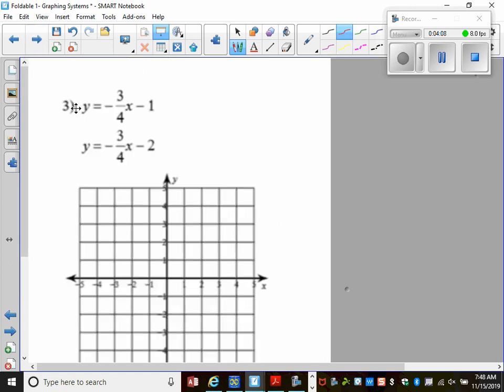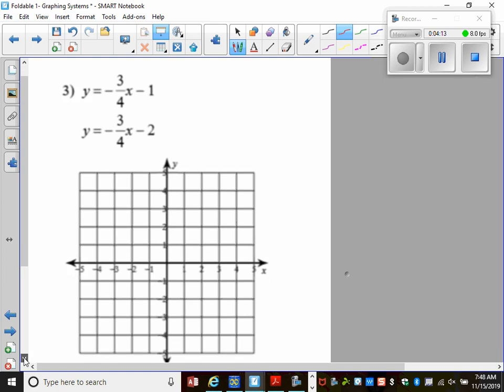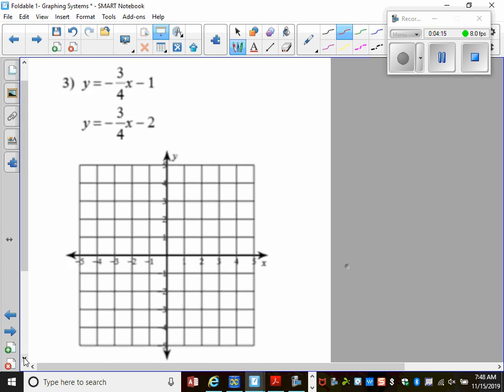All right, let's move on to this one. Now, I already know that these lines are parallel. How do I know that? Because they have the same slope. You still graph it. I know I'm going to have no solution, but you still represent the graph. So -1, and then I'm going to go up 3, and then to the left 4.